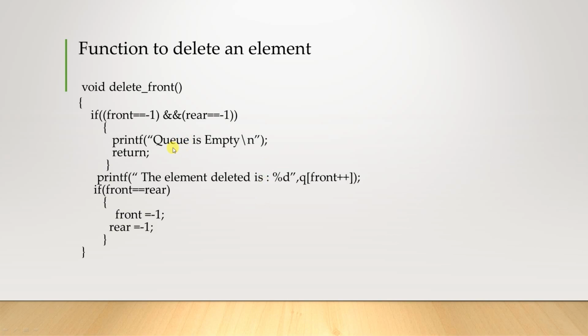You have to set the condition: if front and rear are equal, then we have to initialize the front and rear pointers to -1. So this is a function to delete an element from the queue.